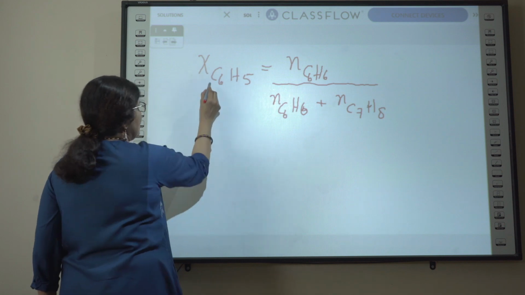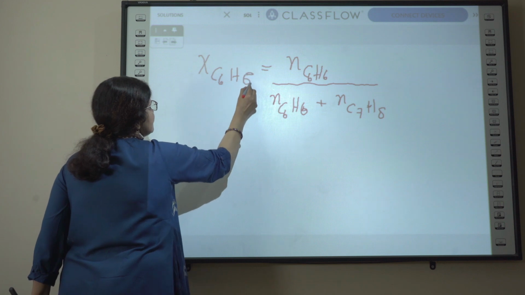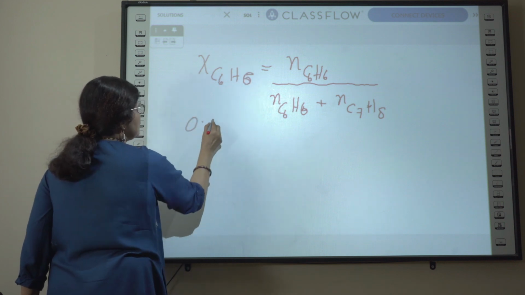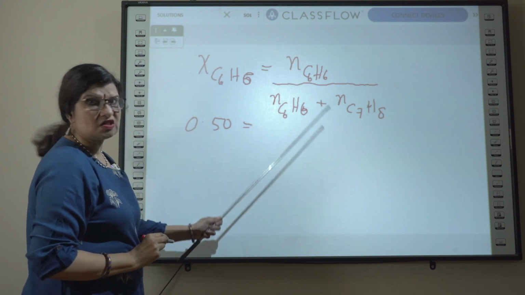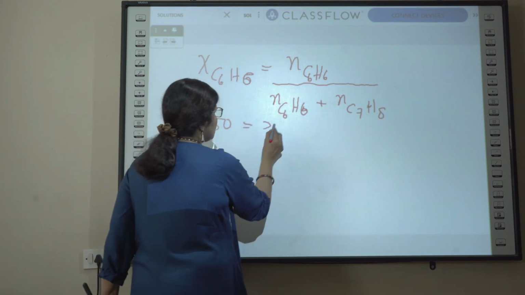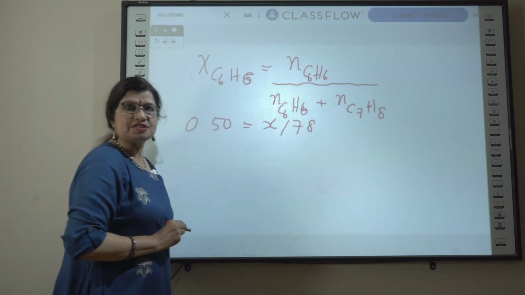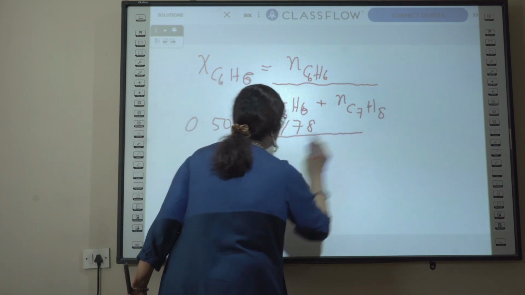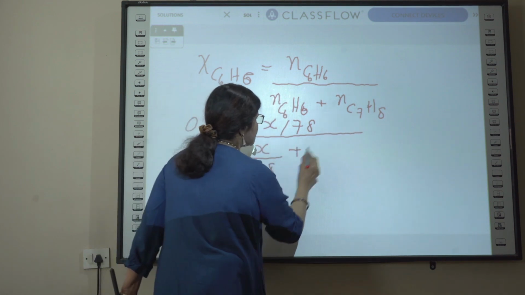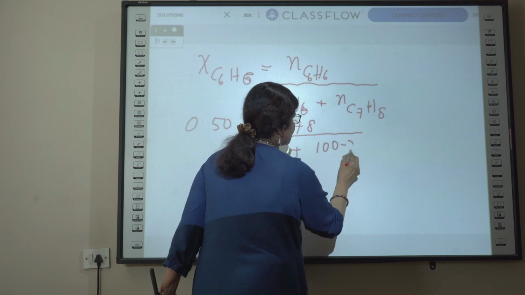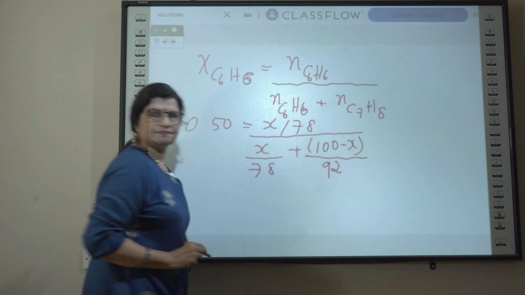So mole fraction of benzene, C6H6, is 0.50. That is equal to the number of moles of benzene, which is the mass of benzene divided by the molar mass, X by 78, divided by X by 78 plus 100 minus X, the mass of toluene, by the molar mass, 92.